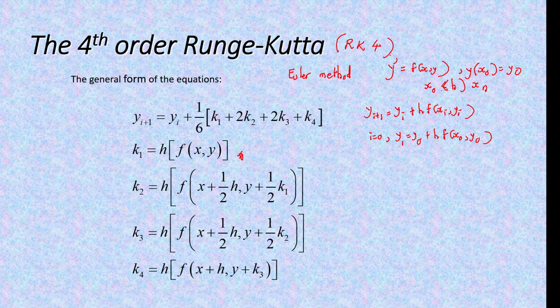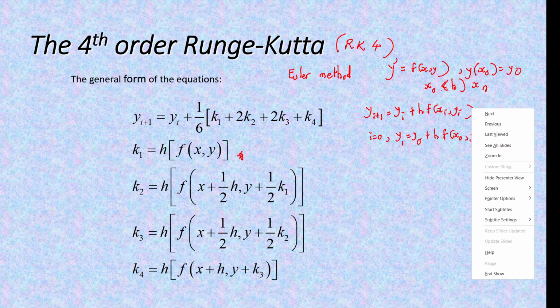So this is the fourth order Runge-Kutta method to solve the initial value problem y prime equal to f x y, given the initial condition when x equals x naught, y equals y naught, where we solve x starting from x naught with step size h until x n. This is the formula for the fourth order Runge-Kutta method.